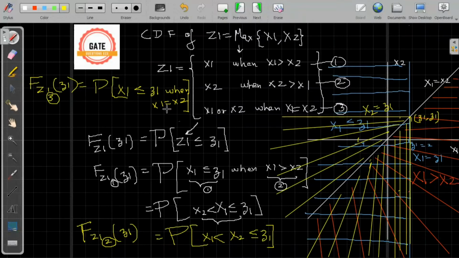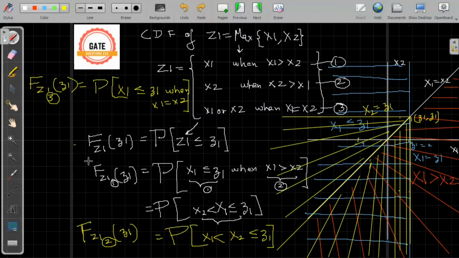What will this be? It is nothing but the probability that x1 lies on the x1 equal to x2 line. This whole is the x1 equal to x2 line, and to the left of the z1 equal to z2 line. So it is the probability that x1 lies on this x1 equal to x2 line from this up to infinity on this line.